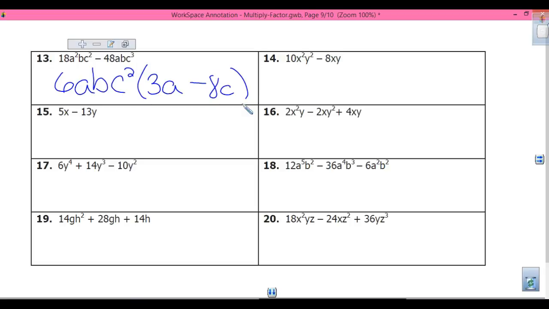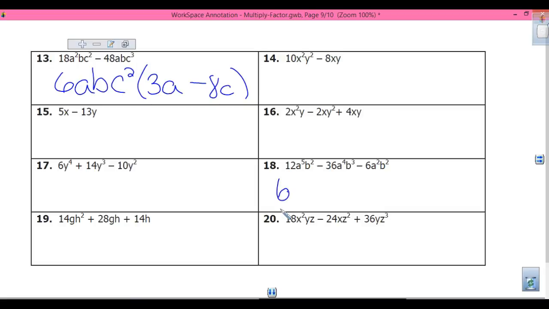All right. Look at 18. We've got 12, 36, and 6. Rebecca? 6. Good. So we're taking out 6.